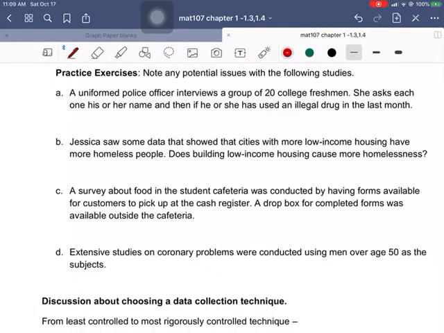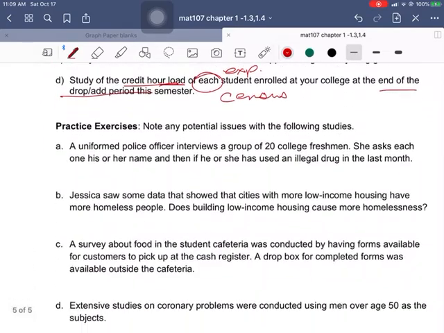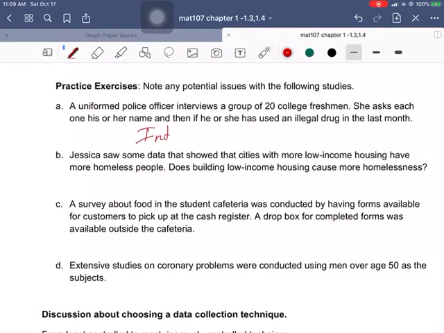All right, note any potential issues with the following studies. A uniformed police officer interviews a group of 20 college freshmen. She asks each one his name or her name, and then if he or she has used an illegal drug in the last month. Gee, what's wrong with that? I'm thinking interviewer, what do they say up here? It was on the other page.